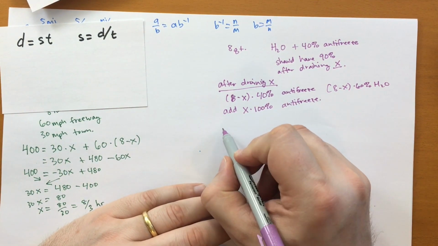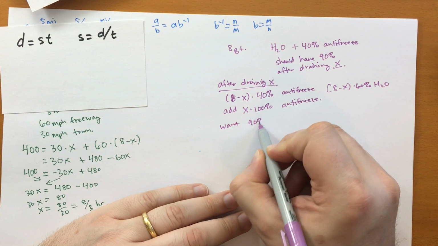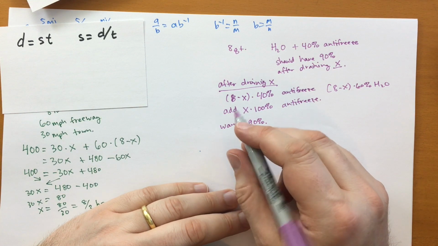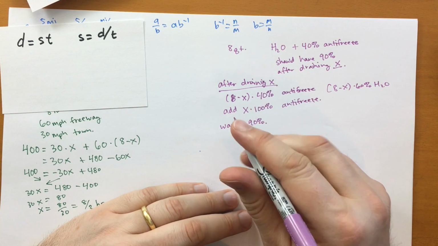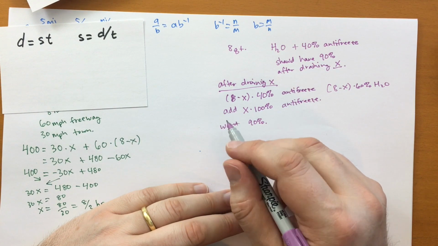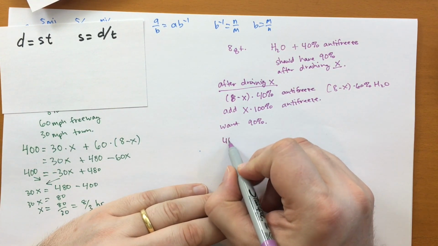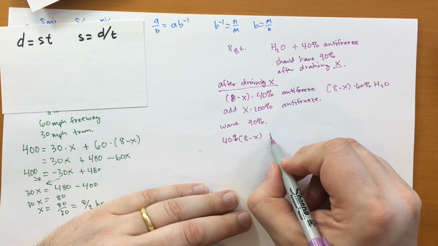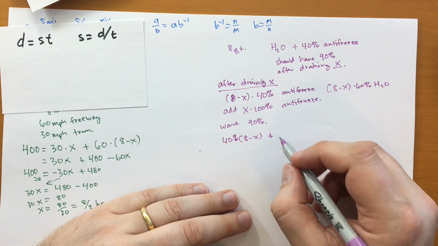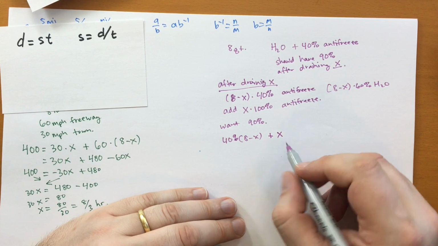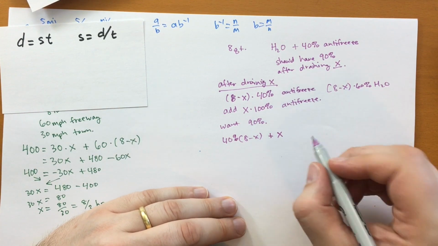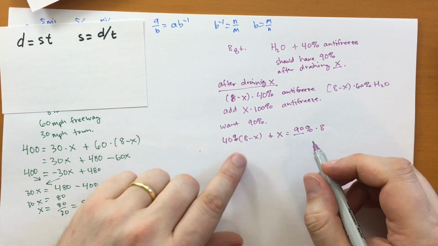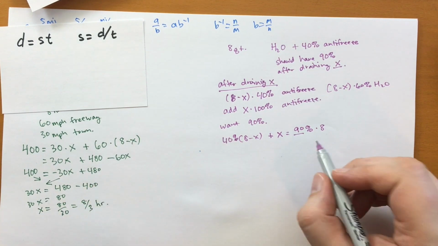So we start with 40% times 8 minus X, and we're going to add X amount of antifreeze, which is 100%. And then we want to get 90% of 8 quarts. So we're adding X quarts of pure antifreeze to get 90%.